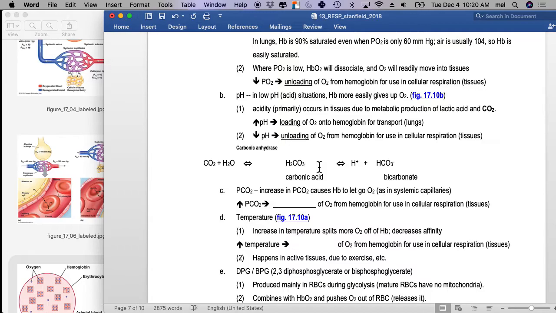And so what do you predict about high PCO2? Is it going to favor loading or unloading? Unloading, exactly. So the opposite is true here. If we're keeping track of pulmonary capillary beds, then the pulmonary capillary bed comparatively would have high or low PCO2? Low. And that would favor what? Loading.